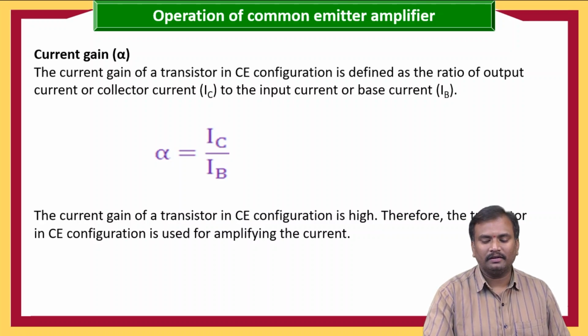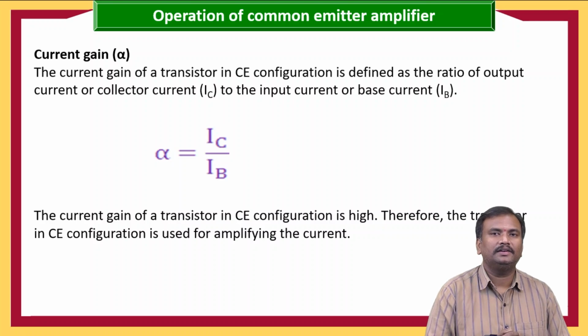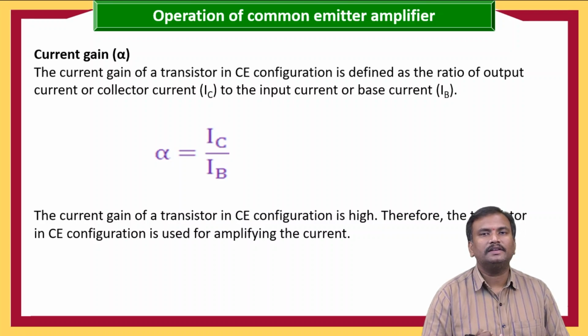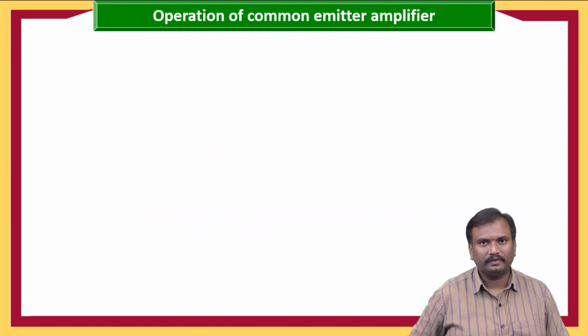Therefore, the transistor in CE configuration is used for amplifying the current. Here the current gain is more. So, in order to use this transistor in a perfect way, we have to use it wherever we require high current amplifying applications.